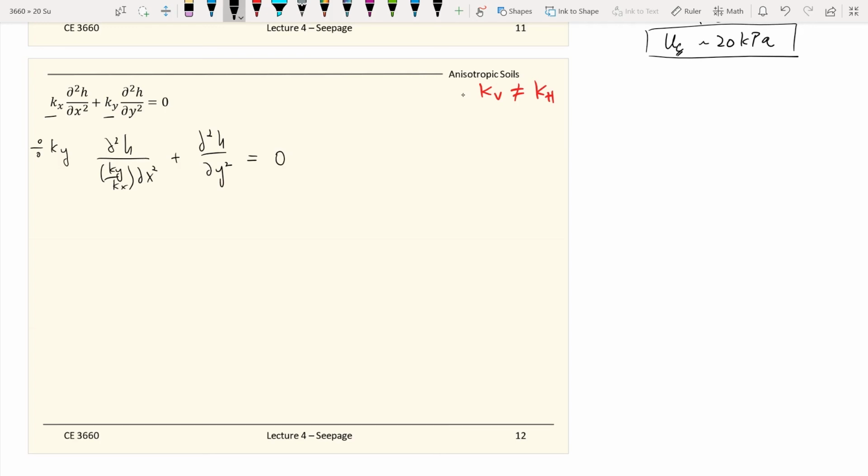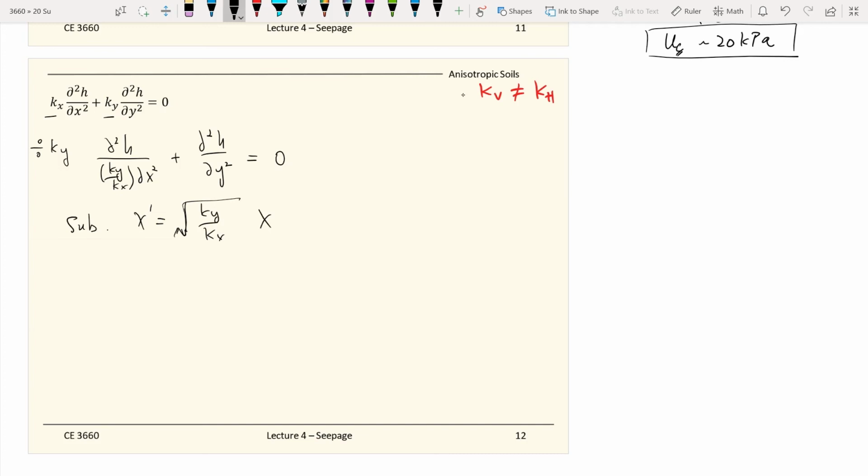Then what we do is substitute x prime equals the square root of ky over kx times x.